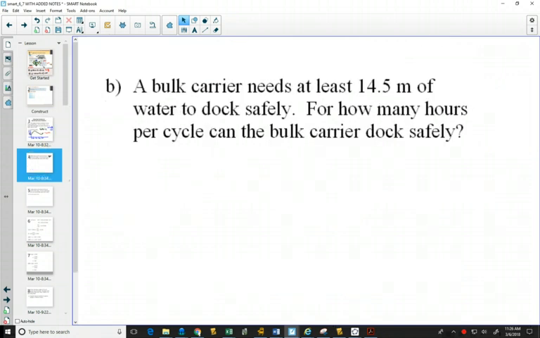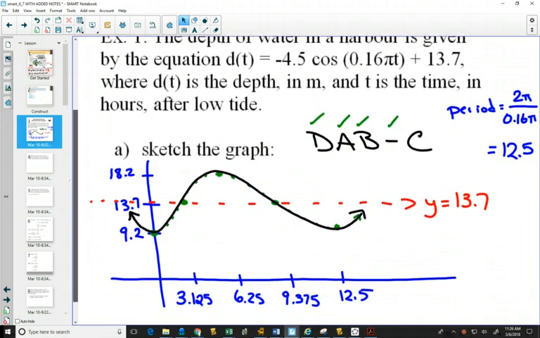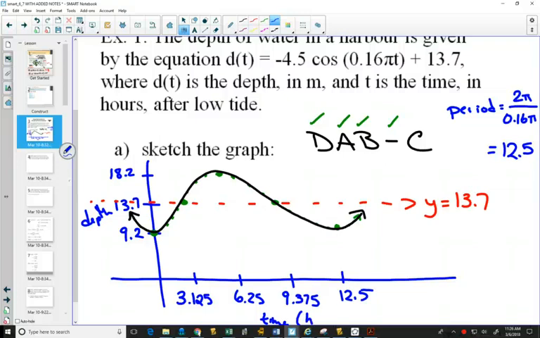A bulk carrier needs at least 14.5 meters of water to dock safely. So if we look at our graph, and if this is the depth over here, I should have labeled these things. This is depth here, and this is time. And we should put in our units. This is in hours. Depth is not in kilometers. No. In meters.